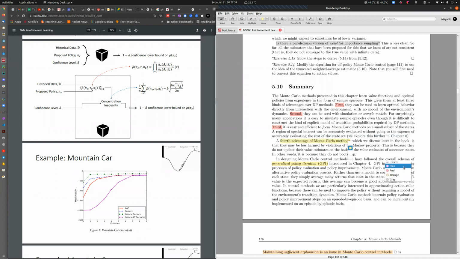This is a bit of a drawback too, if we compare it to the TD approach that we will take care of in the next session.